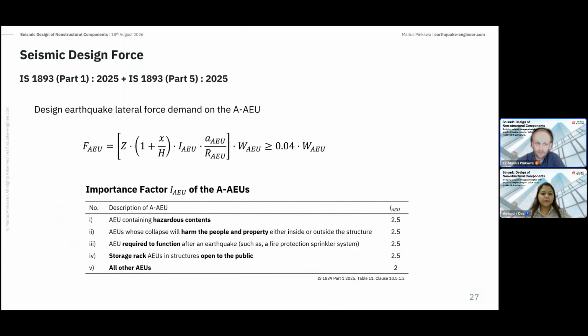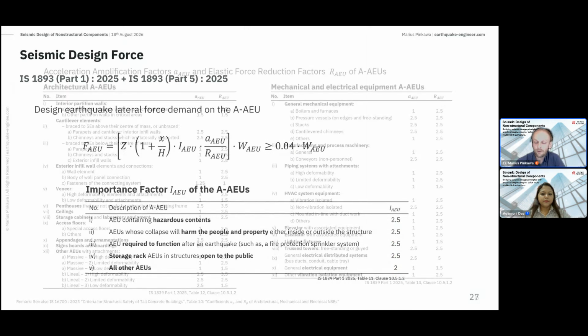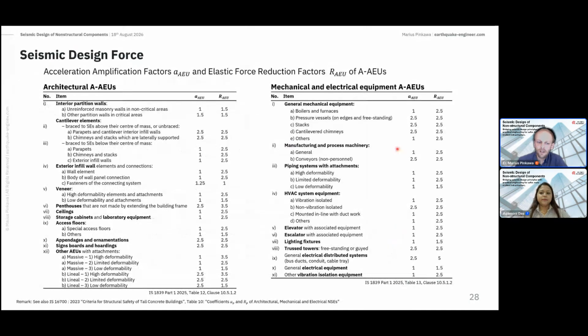Then coming to the resonance factor and also to the elastic force reduction factor, you have these two tables. One is for architectural elements and the other is for mechanical and electrical equipment. And if you have a concrete project and you find your component in this list, you are a happy engineer, because then you have the right value already provided.